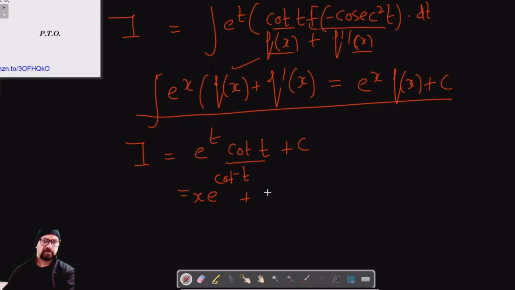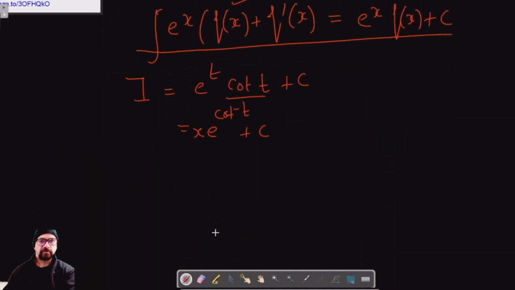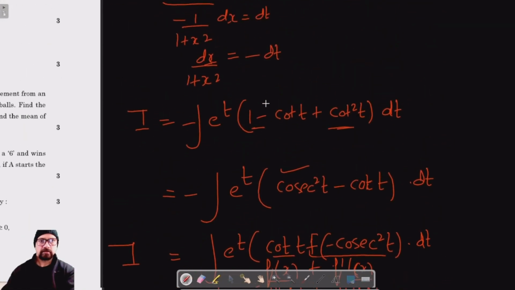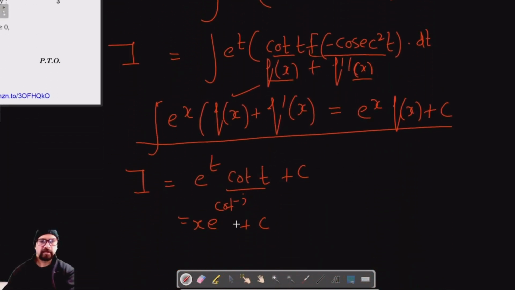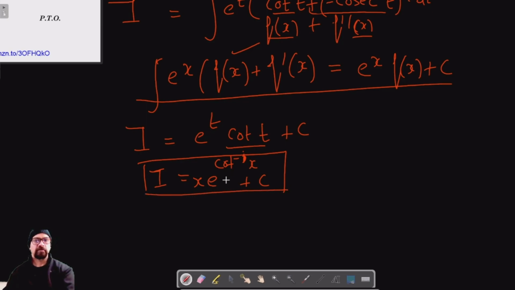So this is x into e raised power cot inverse x plus c.